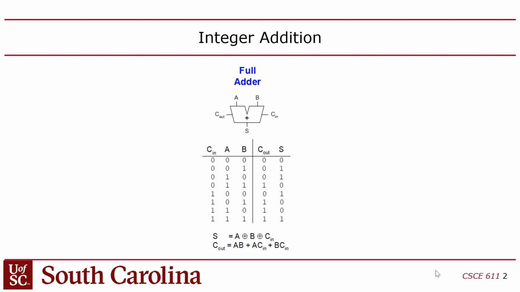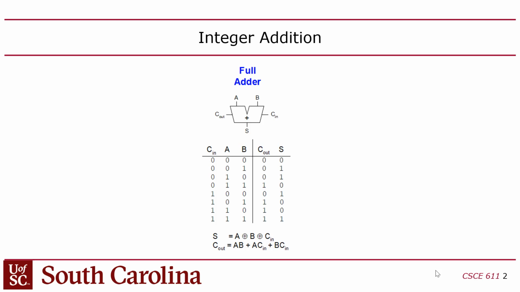And if there's an odd number of bits set, then the sum is true. This is like the exam question: if you add up these 3 bits but the output is just 1 bit, the sum will be true whenever there's an odd number of 1 bits. So the sum is like an XOR gate, but the C out you have to do a full sum of products, right?